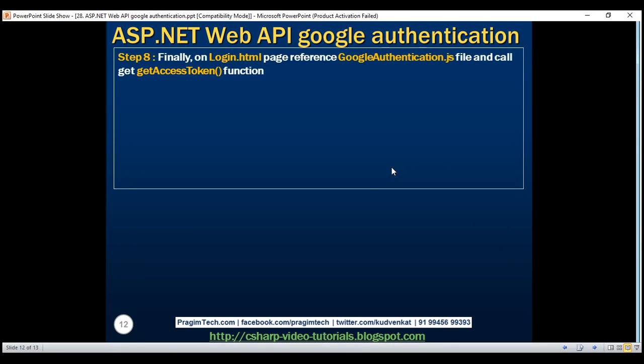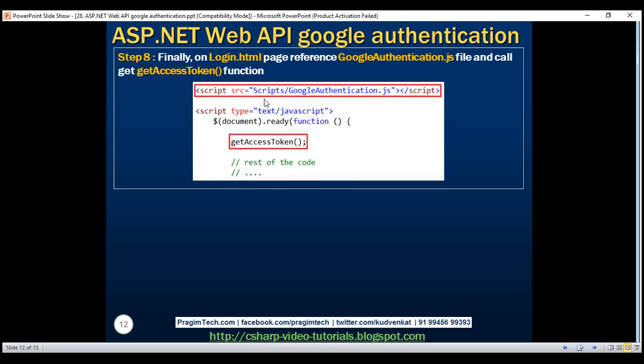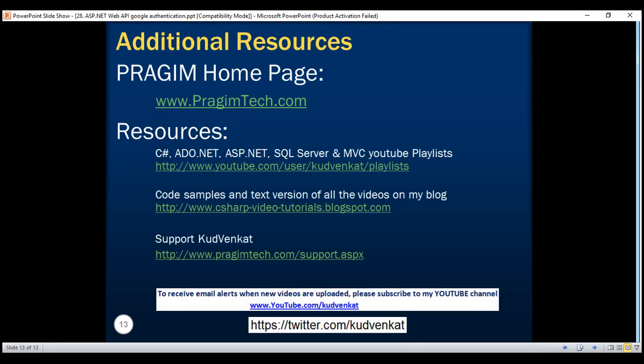And finally, on the login.html page, reference the GoogleAuthentication.js file and call the getAccessToken function. So those are all the steps required to use Google Authentication with ASP.NET Web API. Thank you for listening and have a great day.